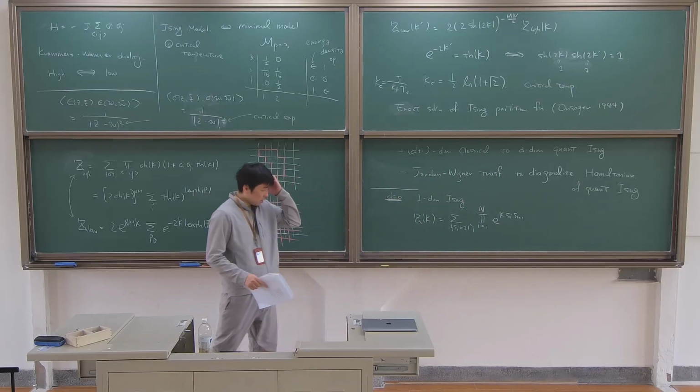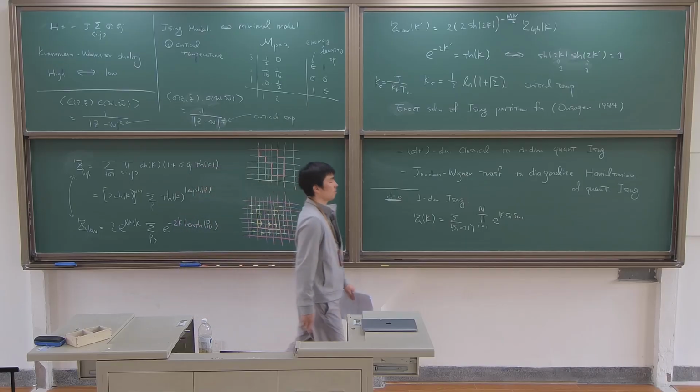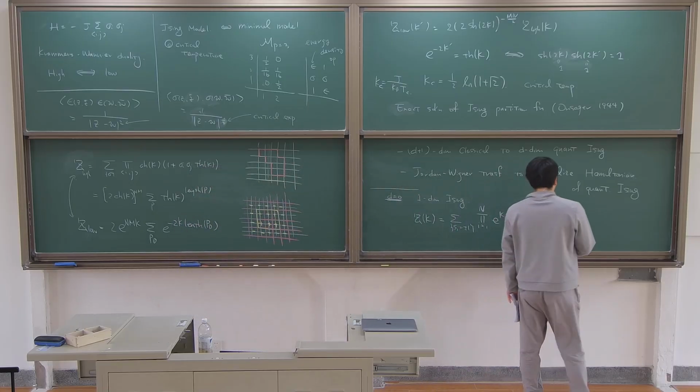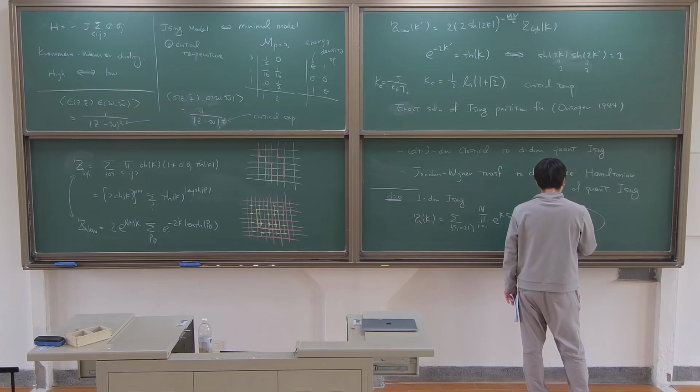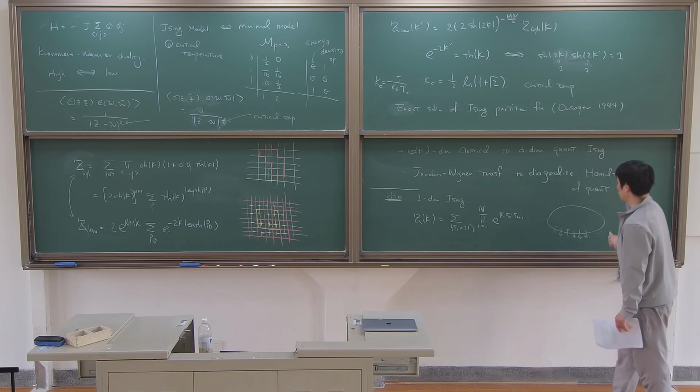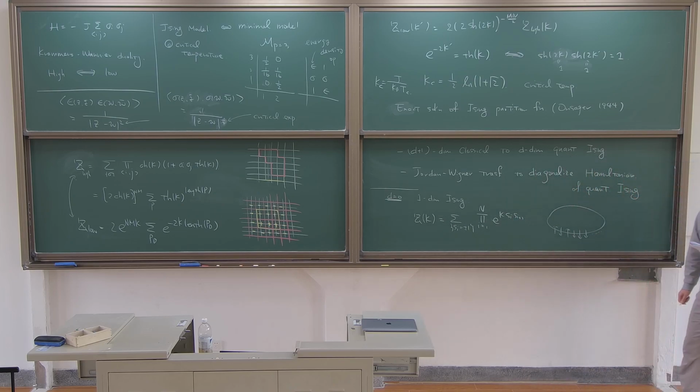So this is the statistical partition function, and then we just consider, say, a periodic Ising chain like this, with N sites, so a one-dimensional Ising model.